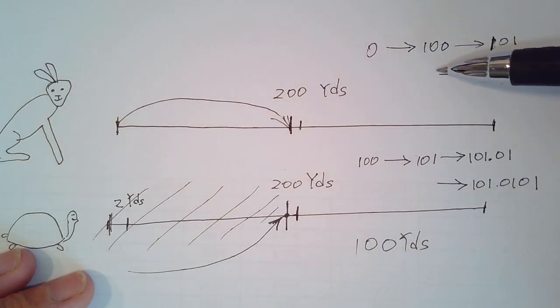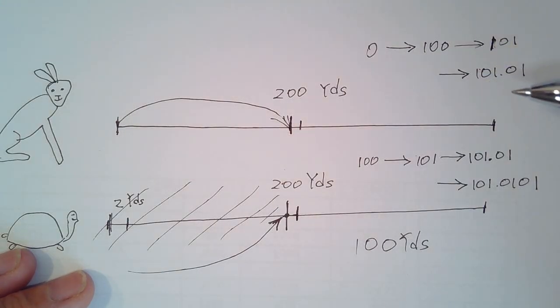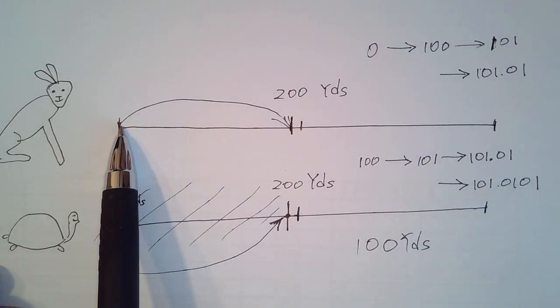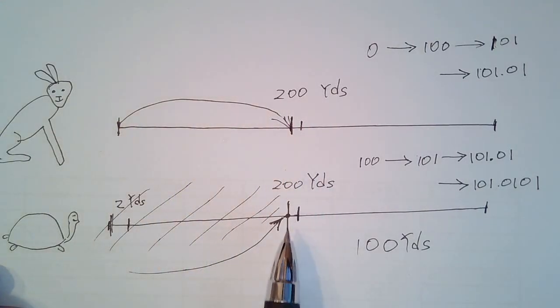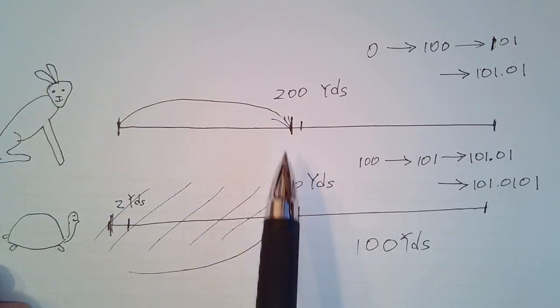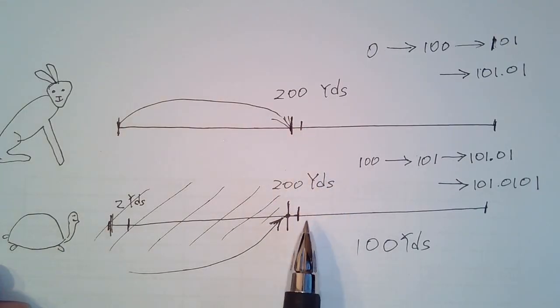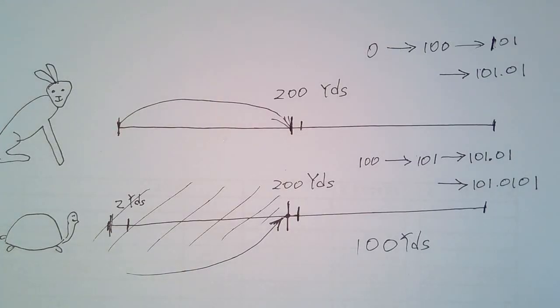Every time the hare goes to where the tortoise was, the tortoise has already made a little bit of progress. So the hare goes from here to the middle, and he goes a little bit further. And when the hare goes to that place, the tortoise goes a little bit further.